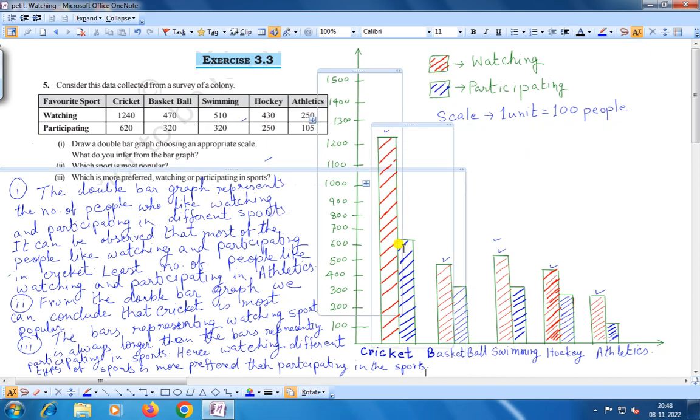The bars representing watching are always longer than the bars representing participating. That means watching sports is more preferred than participating in sports. Hence, watching different types of sports is more preferred than participating in sports.